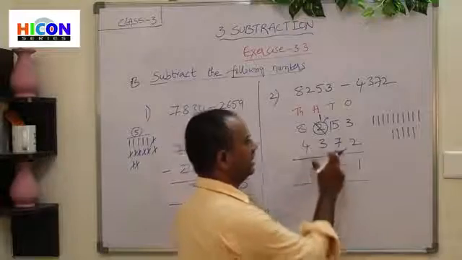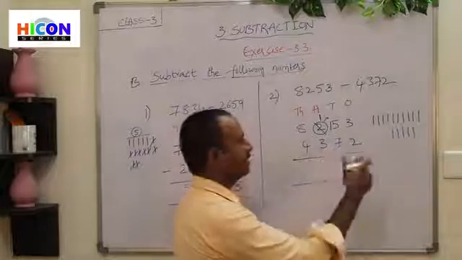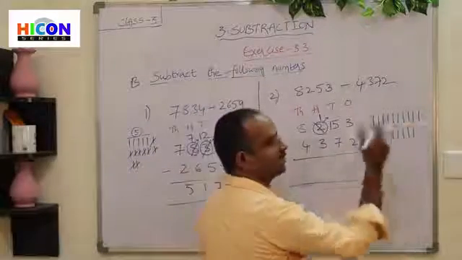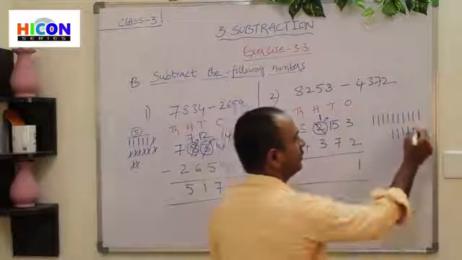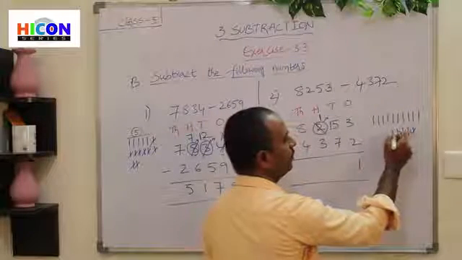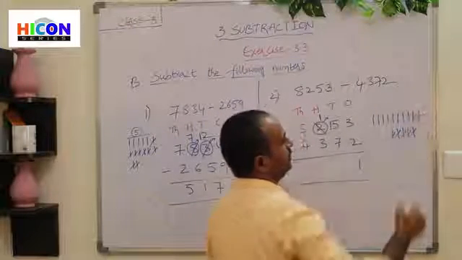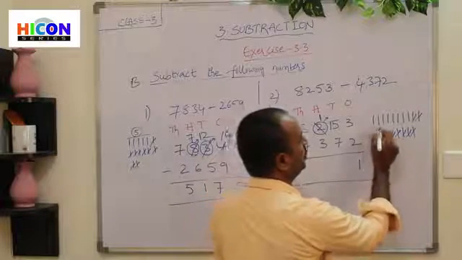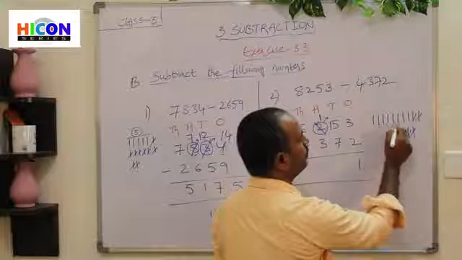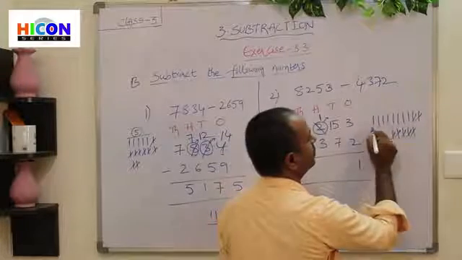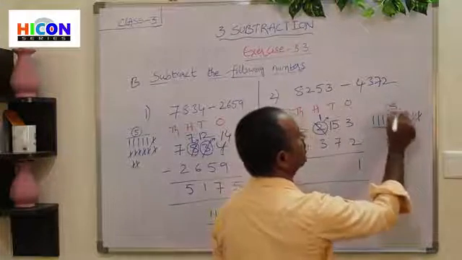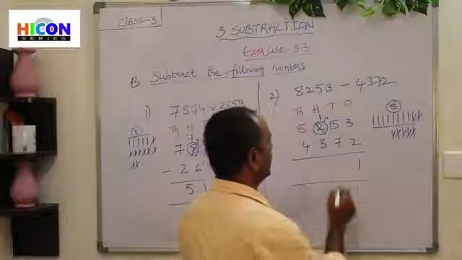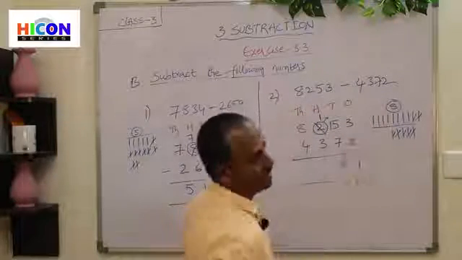And what is the second number in tens place? 7. So strike off 7 lines among these 15 lines. 1, 2, 3, 4, 5, 6, 7. Children, count the remaining lines. 1, 2, 3, 4, 5, 6, 7, 8. There are 8 lines remaining. So write 8 under tens place.